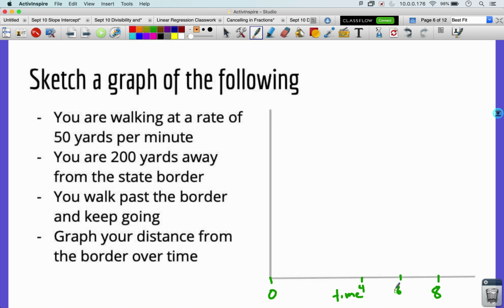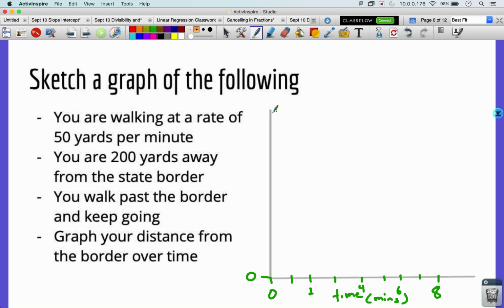Have tick marks for every minute. Also, we should say time, but then specify that this is in minutes. All right, and then for our y-axis, this is our dependent variable. How far we have walked depends on how long we've been walking.